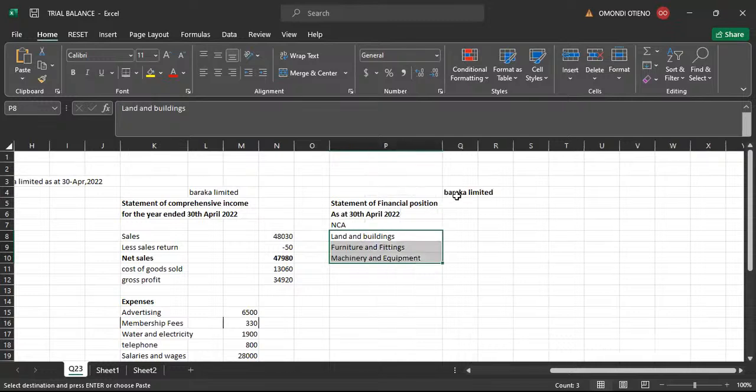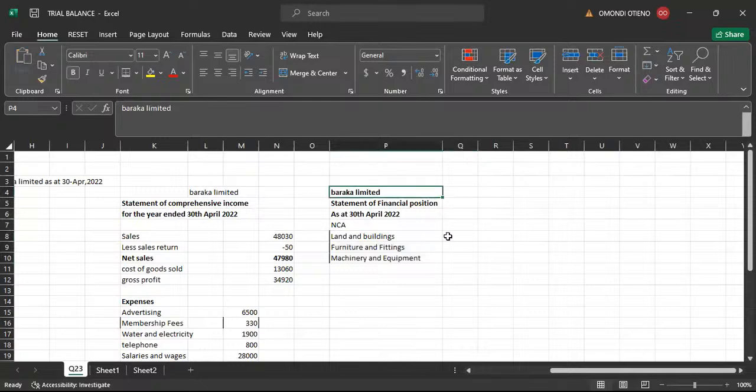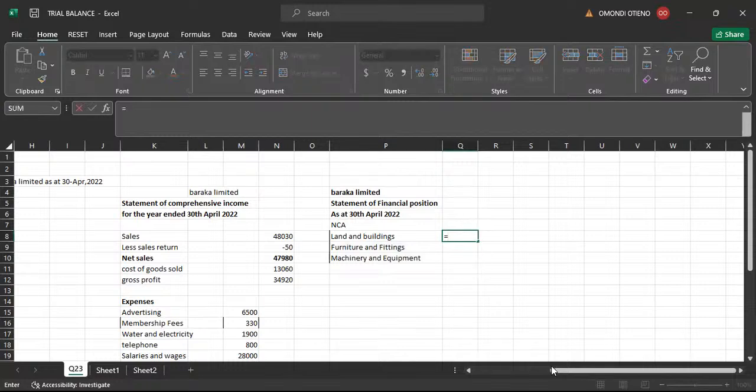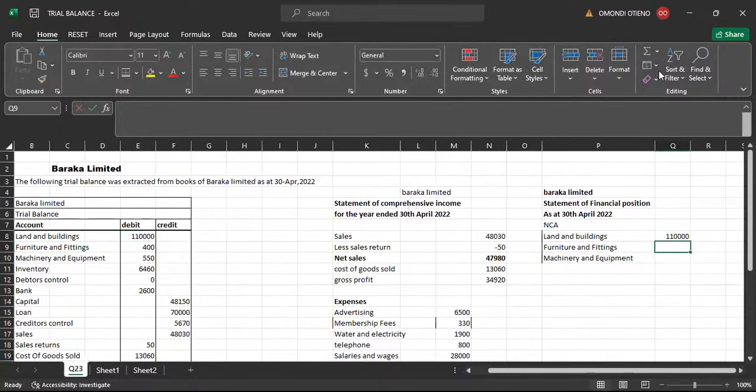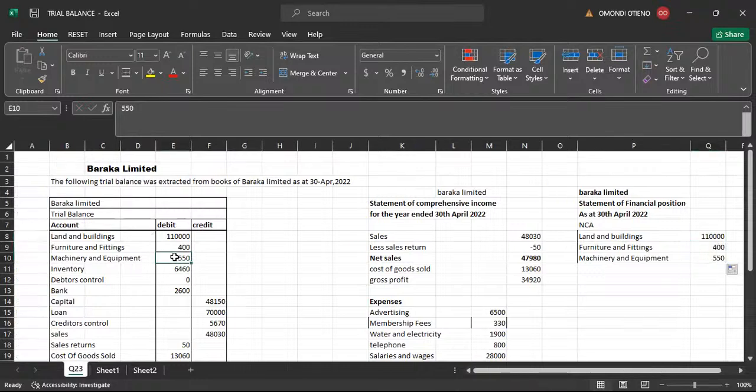Once that is copied, you'll be able to see you have brought them here. So our non-current assets, the 3 of them, I just come and pick the values. I just come and refer to these values. They are following each other, so I just come and autofill the 3. I'm done with the non-current assets.